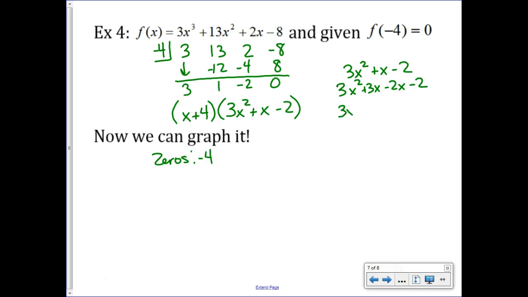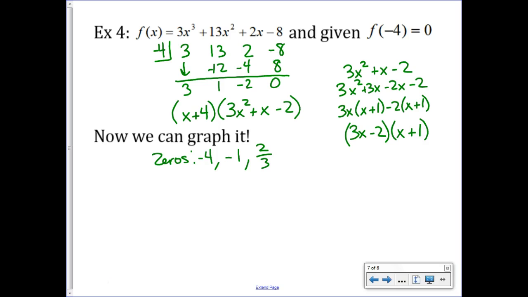So I have 3x minus 2, and I have x plus 1. So then my other zeros would be negative 1 for x plus 1, and then positive 2/3.